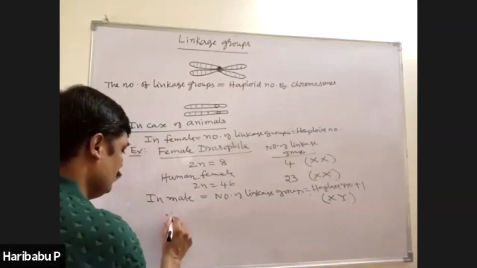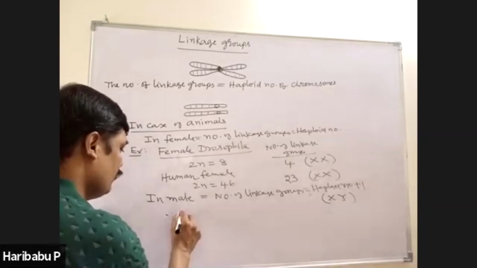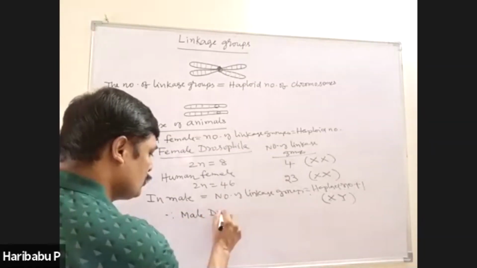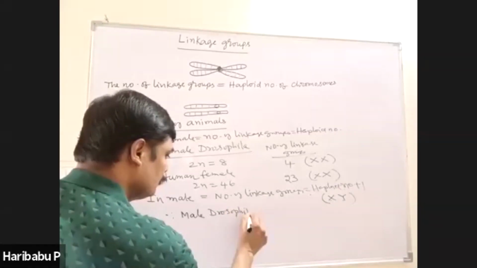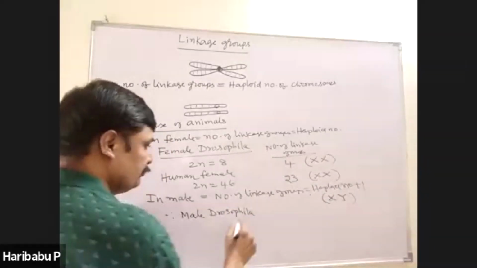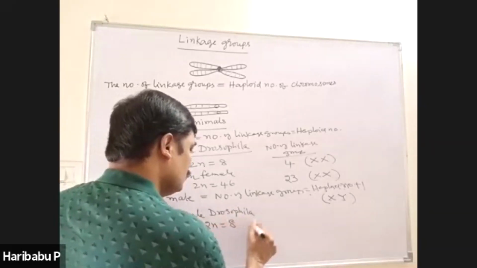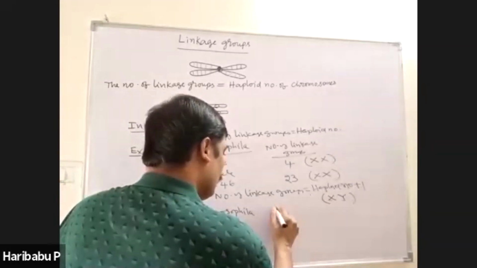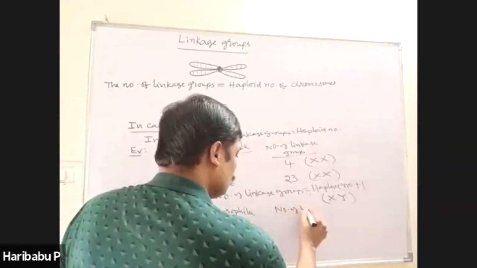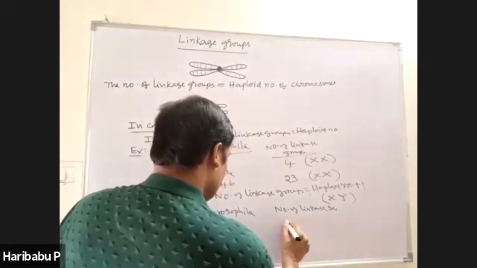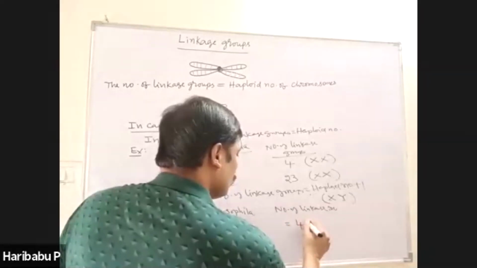For example, in case of male Drosophila, 2n is equal to 8. Therefore, here number of linkage groups is equal to 4 plus 1.